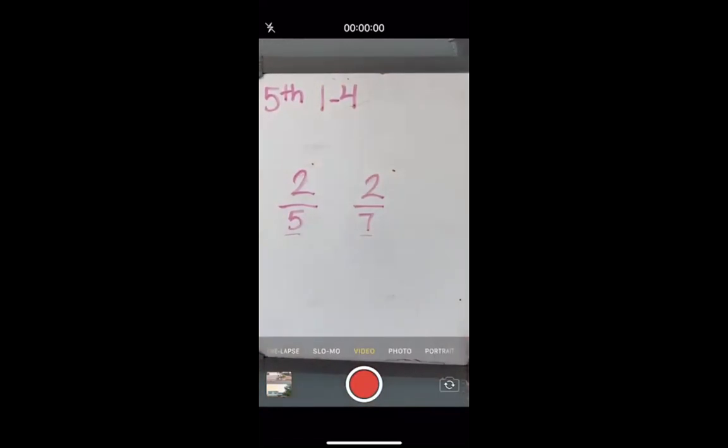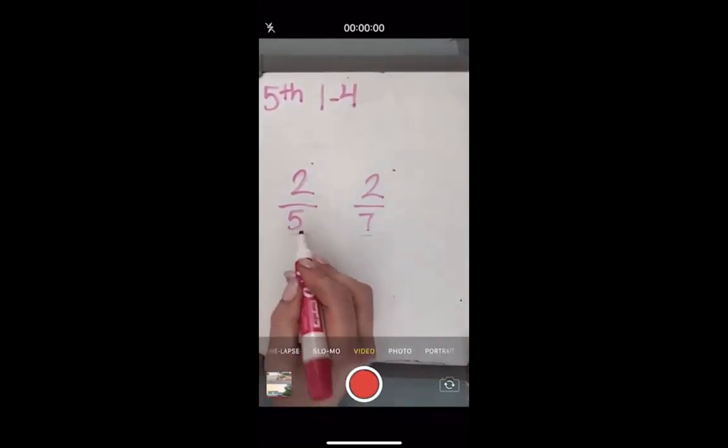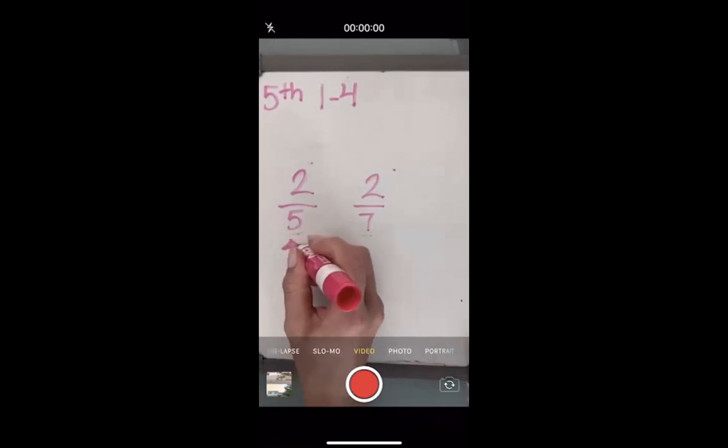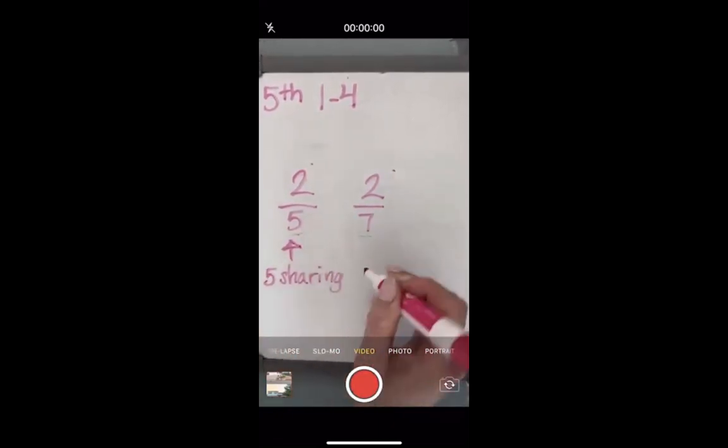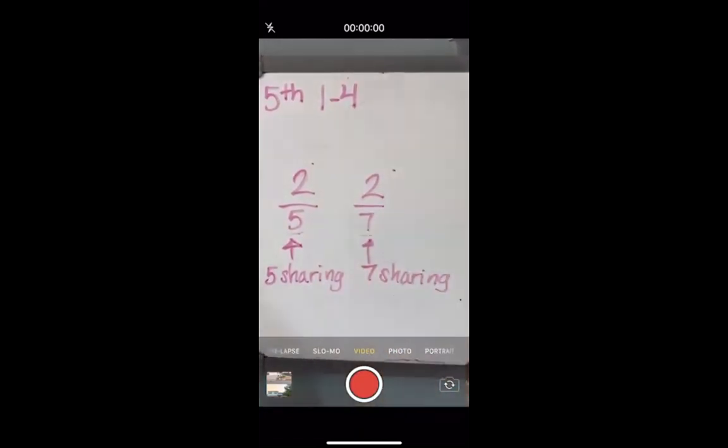If my numerator is the same, I can compare them. I know that fifths are bigger than sevenths. One way to think of this is, would you get more if 5 people are sharing a pizza, or would you get more if 7 people are sharing a pizza? Obviously, with 5 people sharing, your pieces will be bigger. So 2/5 will be bigger than 2/7.